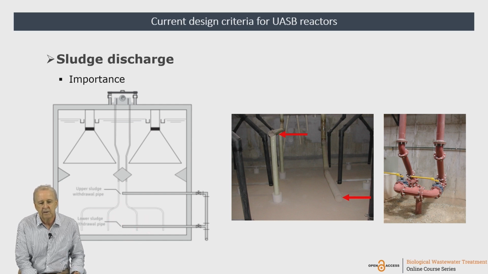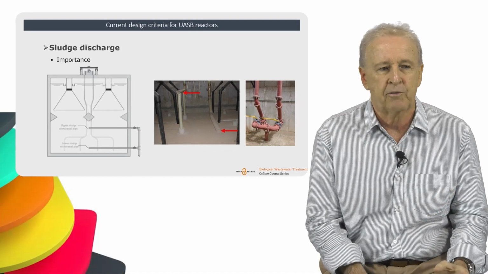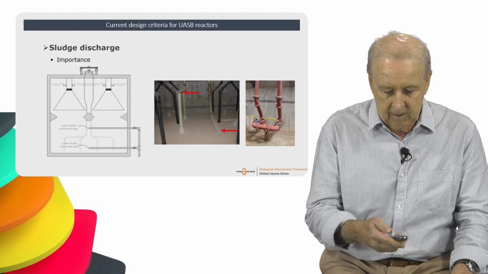What is the magic number? The way to determine the volume of sludge that we have to discharge from time to time is also described in chapter 4 of this book.